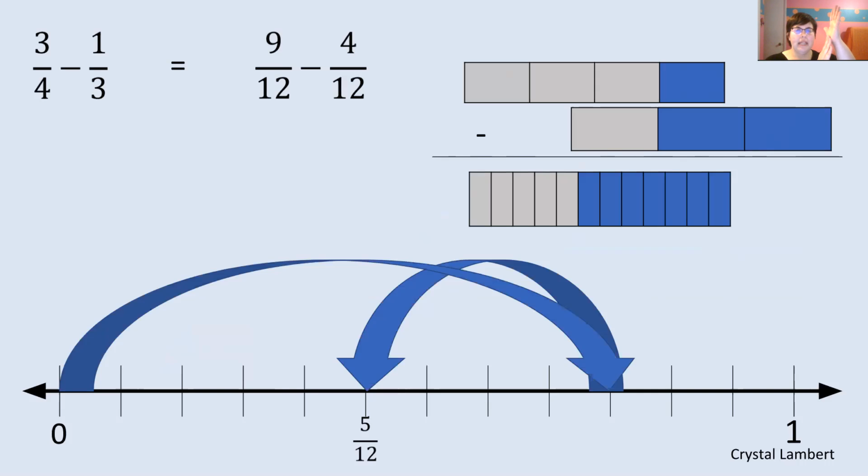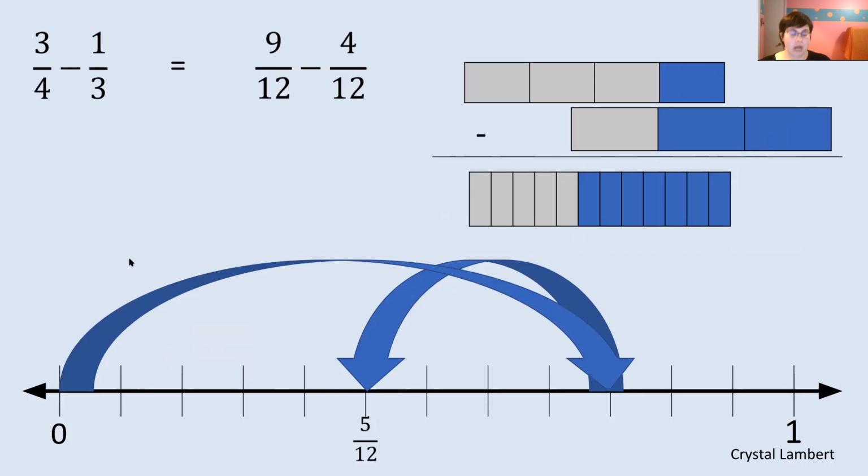So what's going to happen is you're going to take the second fraction bar and move it over to where the back end of the shaded area of the second bar will be equal to the back end of the shaded area of the top bar. And that will give us our answer.